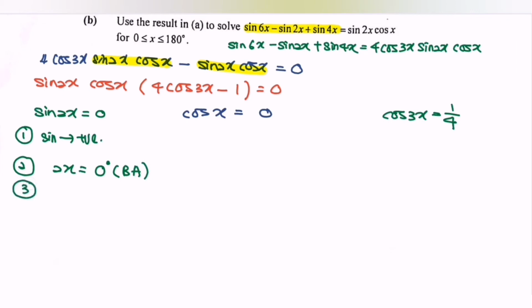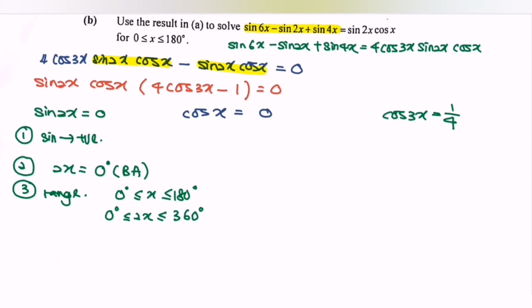Number 3, we have the range, which is 0 until 180 degrees. So for this case, 2x has the range 0, 2x, and then 360 degrees. So that is the basic angle for this part.